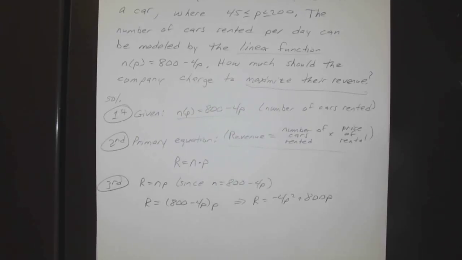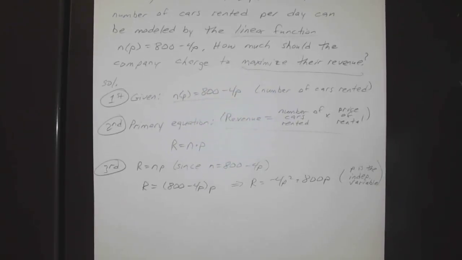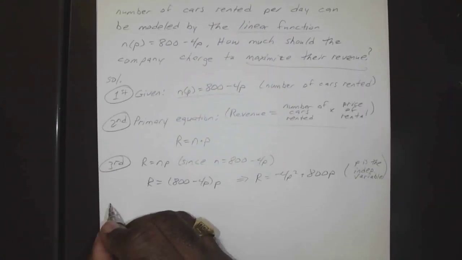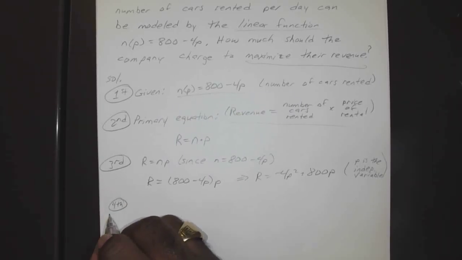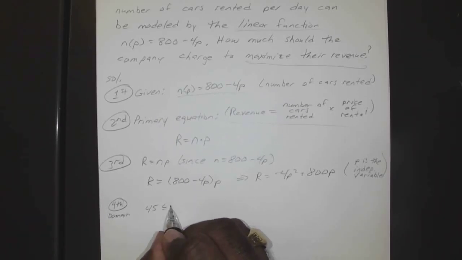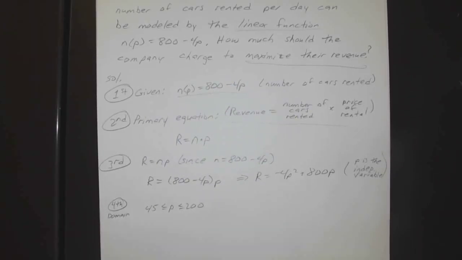In this case, P is our independent variable. Now, the fourth step is your domain, which they actually gave to you. So you know P is between 45 and 200.